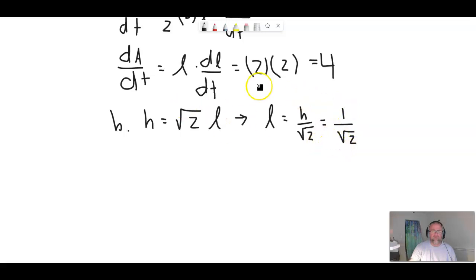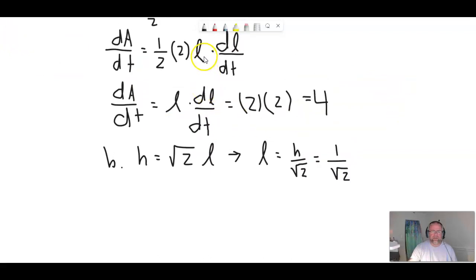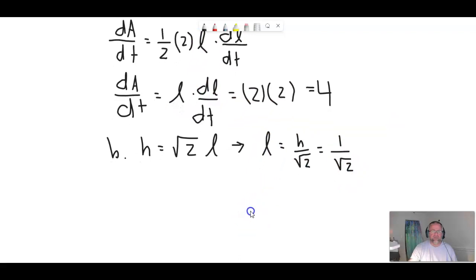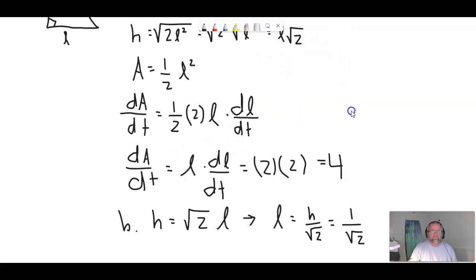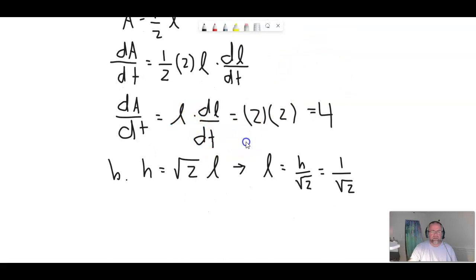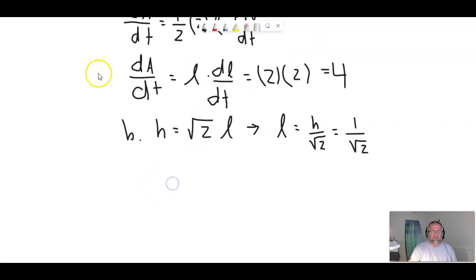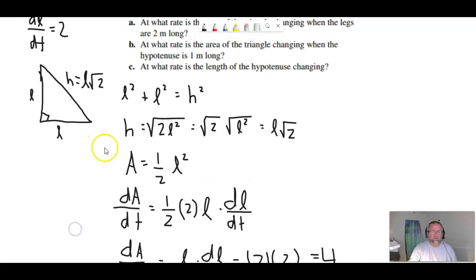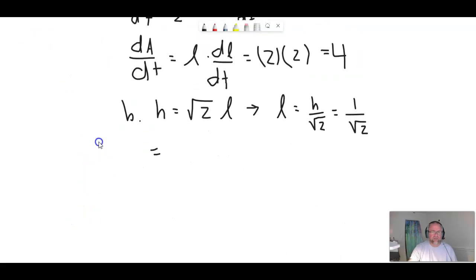So all we have to do now is just go back to our original equation and substitute the L with 1 over root 2. So remember, again, we are asking for the rate of change of the area.